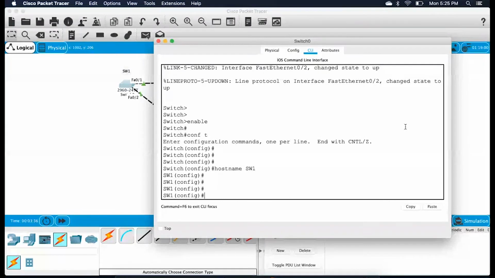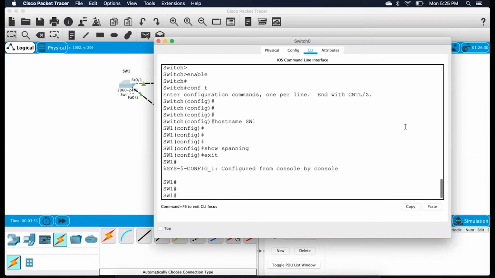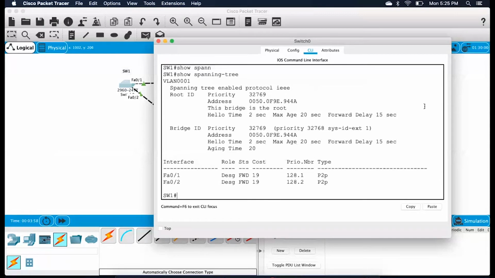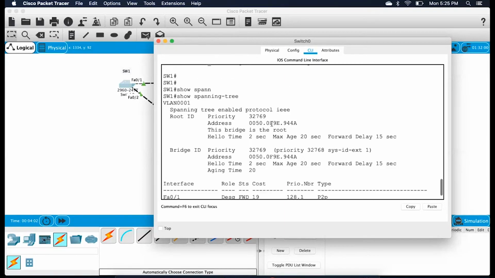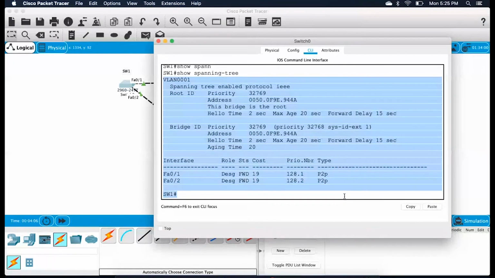Then you can check it with a command from the enable mode: show spanning-tree. That's it. Show spanning-tree can be used, and then you can see this information over here. That's all the STP information that you have.